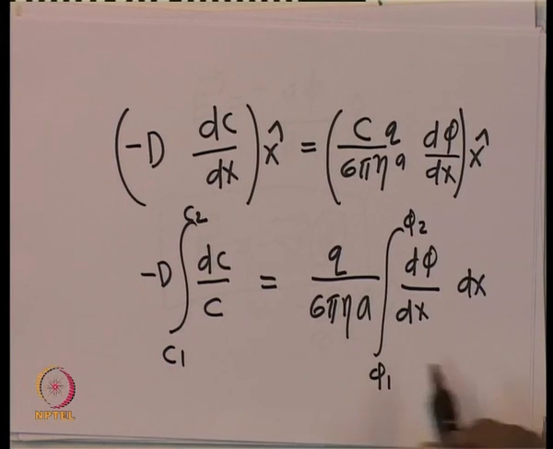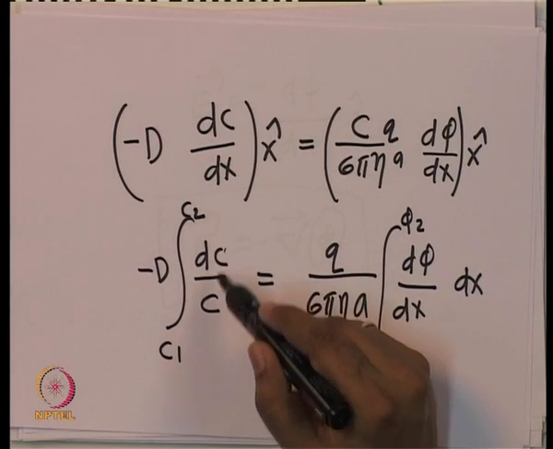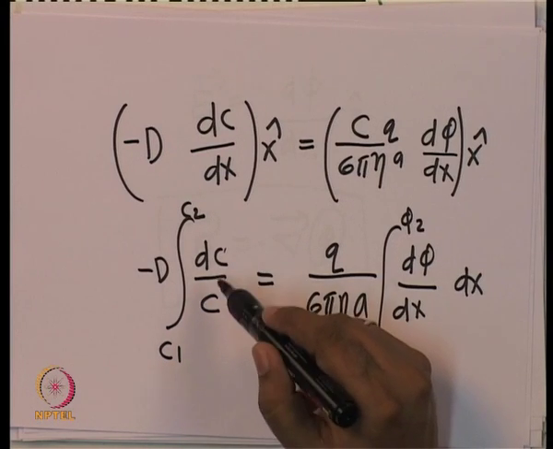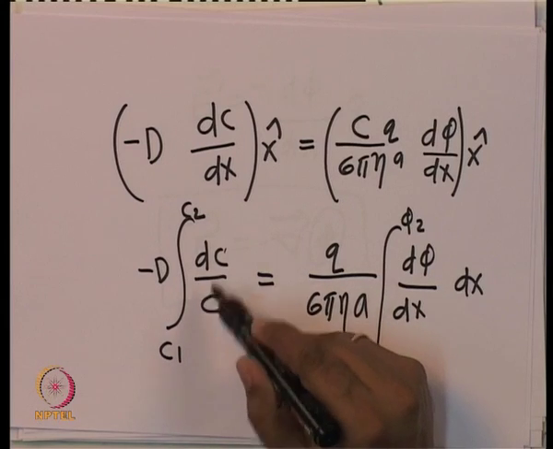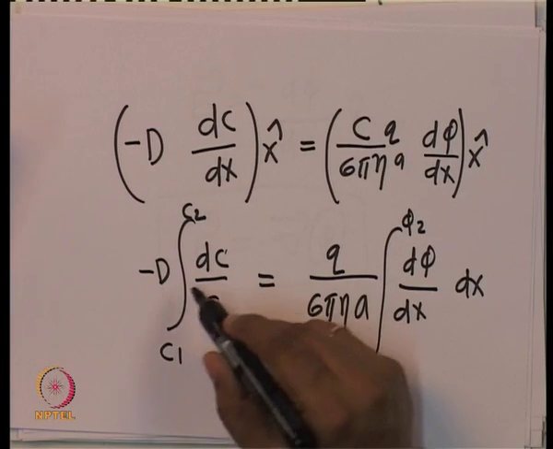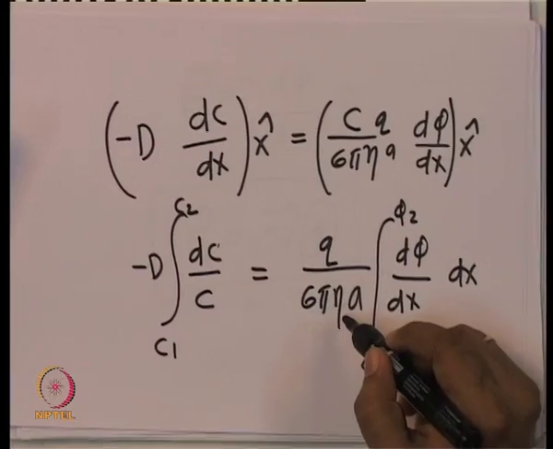If you do this integral properly, you know that the integral of 1 by c is log c. So, let us do this carefully. I take this d this side and rewrite this equation. If we rewrite this equation, what do you get?